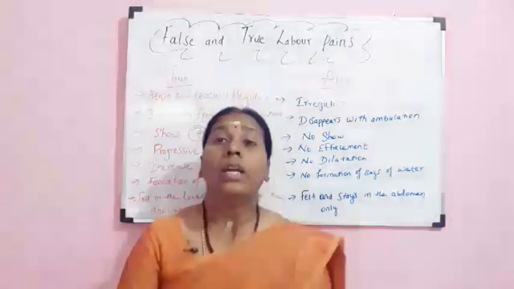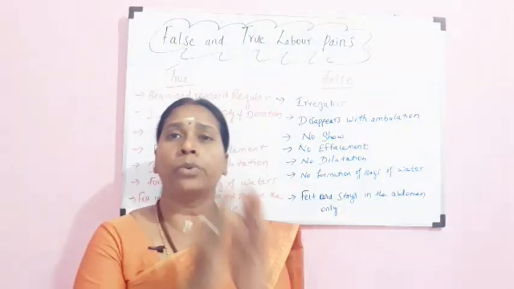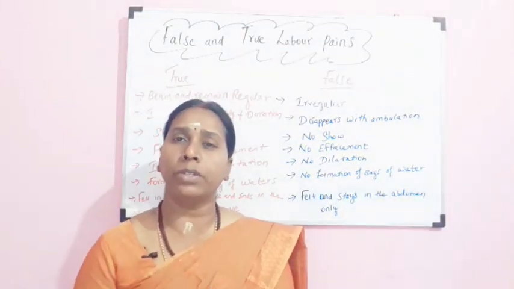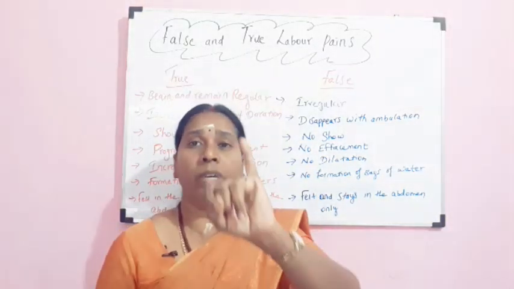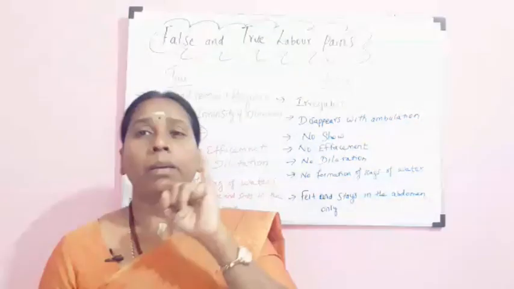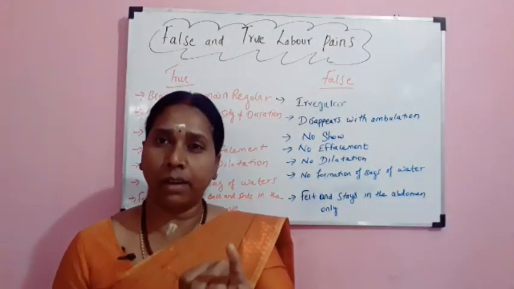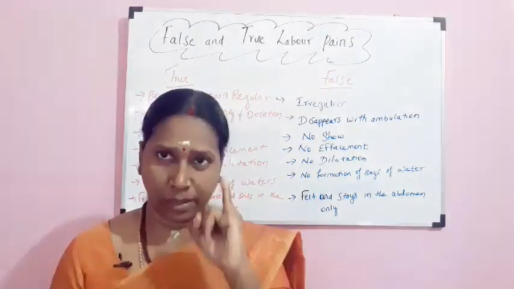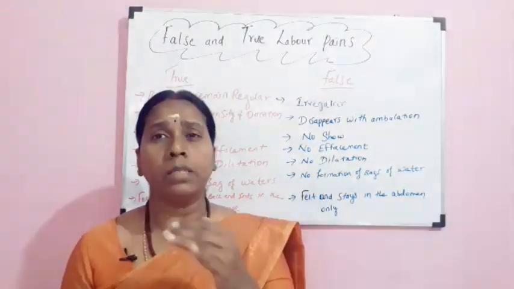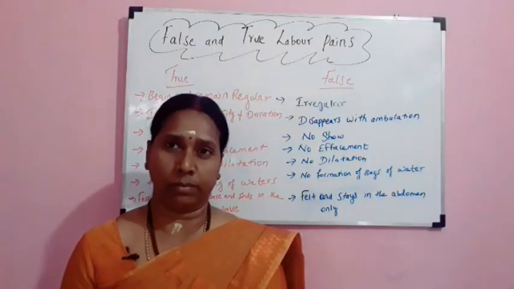So this is the difference between true contractions and false contractions, which clearly says whether the mother is having true or false contractions. When the pain begins, it has to begin by itself. At the time of beginning it is irregular, then it becomes regular and more regular.